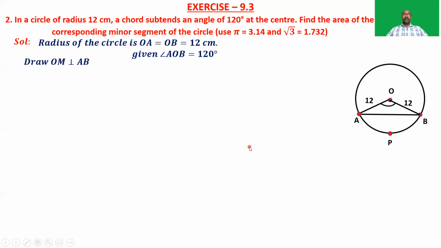So now draw OM perpendicular to AB, because to find the area of triangle OAB, we need the base and height of the triangle. Okay. In a right angle triangle, the sides having the right angle are base and height. But here we have to find the lengths of base and height. So now first draw OM perpendicular to AB like this.